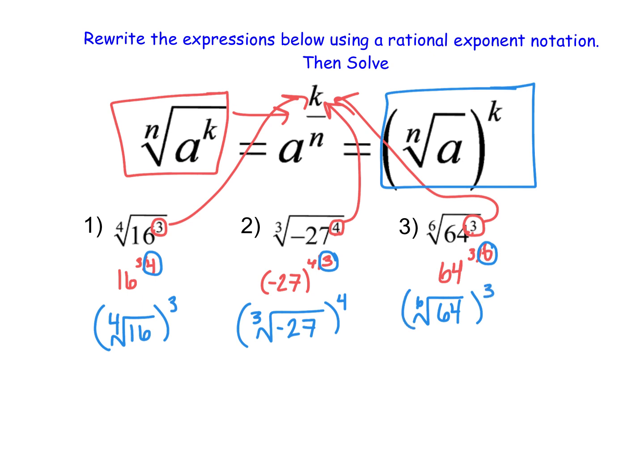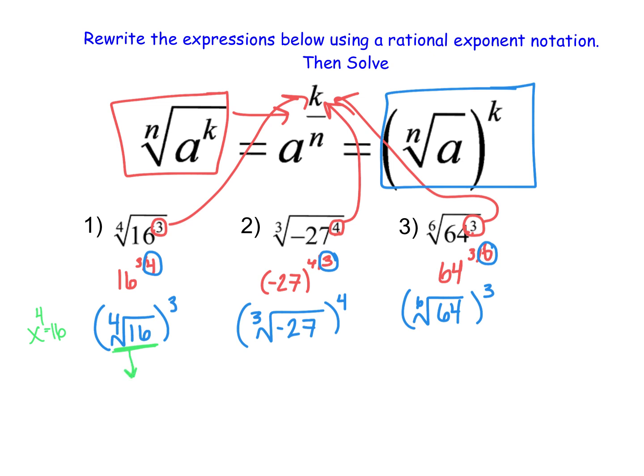From here, I'm now going to start evaluating each of these. I'm going to start with the root that's just on the inside. Here, it's saying the 4th root of 16. So I'm asking, what number to the power of 4 gives us 16? I know that the 4th root of 16 is 2, because 2 to the power of 4 is 16.